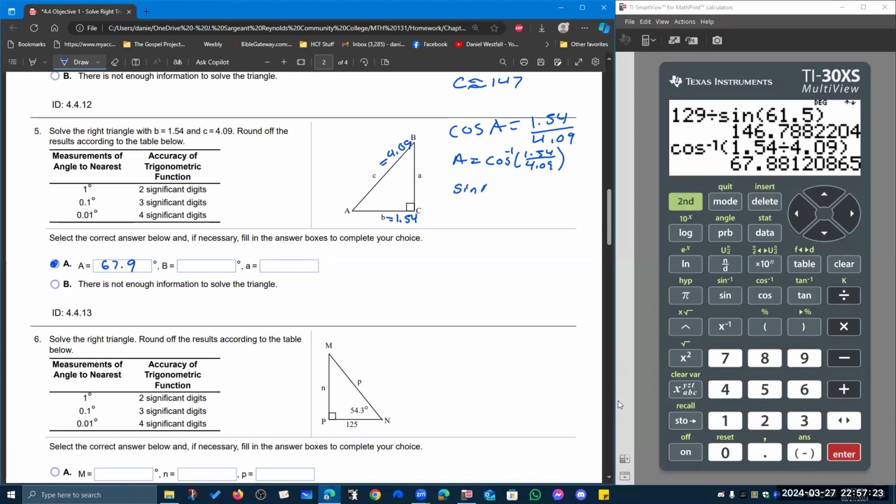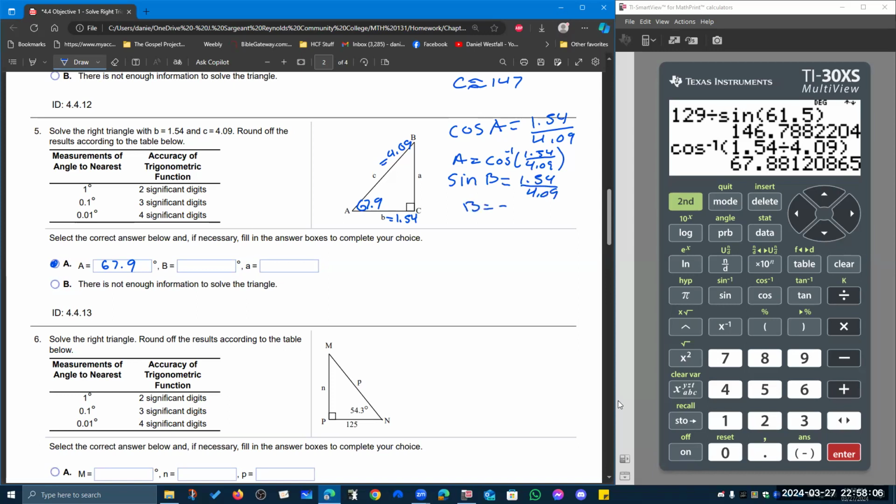And then sine of angle B is 1.54 over 4.09.